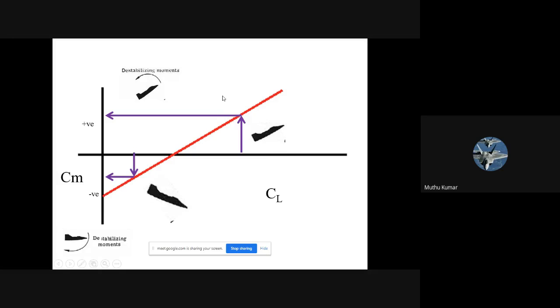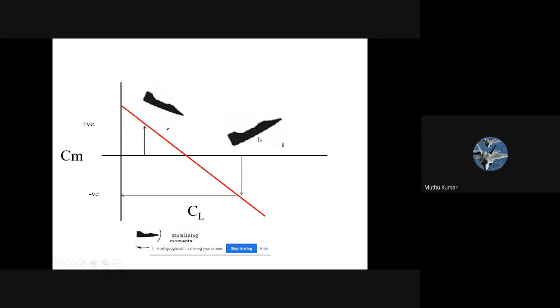But what do I want? Like a bobblehead doll, if it goes to one side it should automatically come back. What happened previously? If the aircraft goes down by a disturbance, it automatically creates a positive moment.